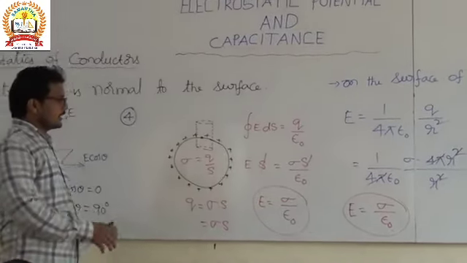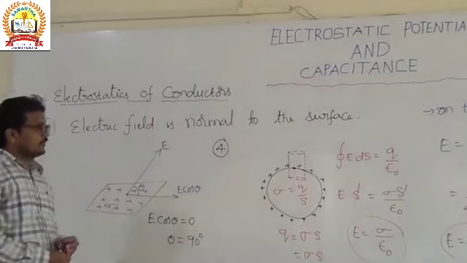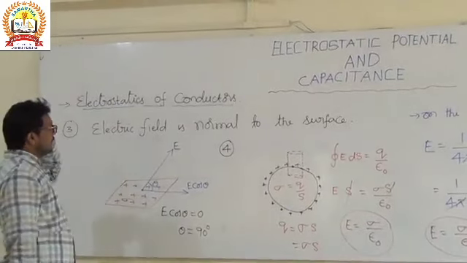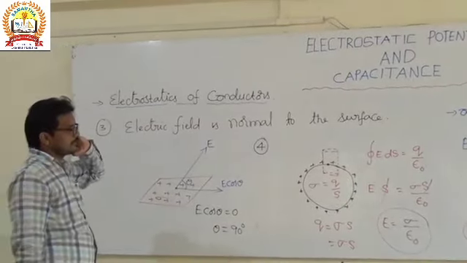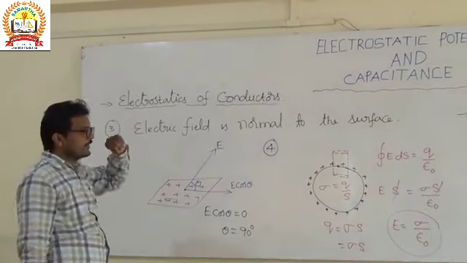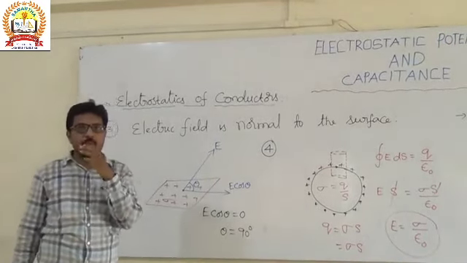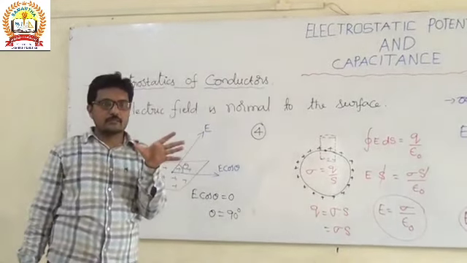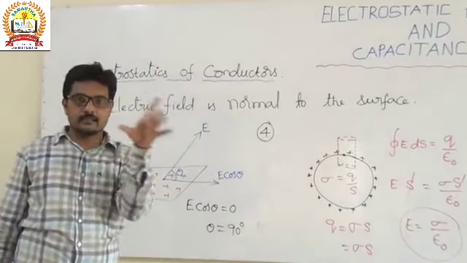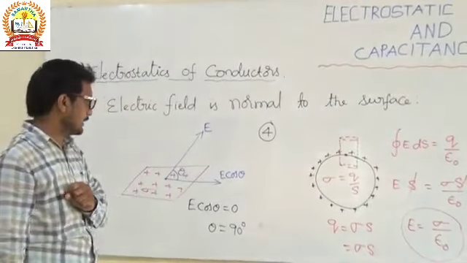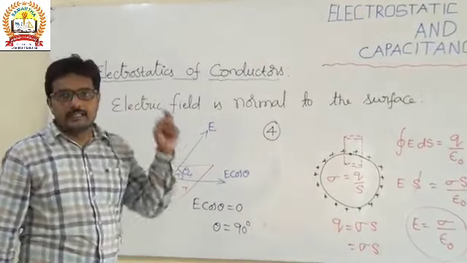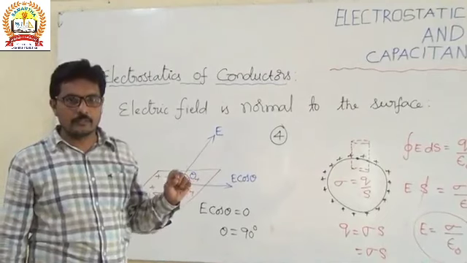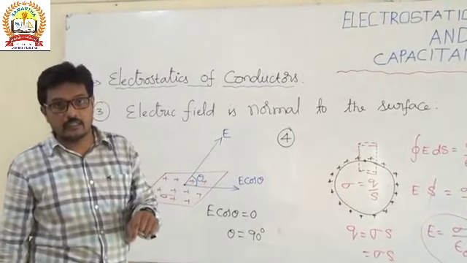And the next one is that we study that electric field inside the sphere is 0, and the electric field is discontinuous, and the charge is also 0. There is no excess of charge. The charge resides on the surface of the conductor and the electric field is always normal to the surface of the conductor.